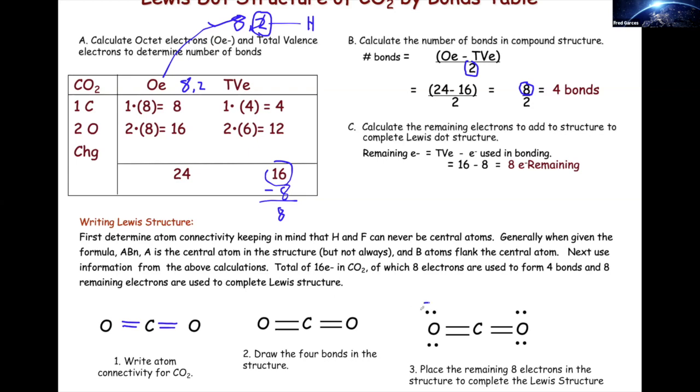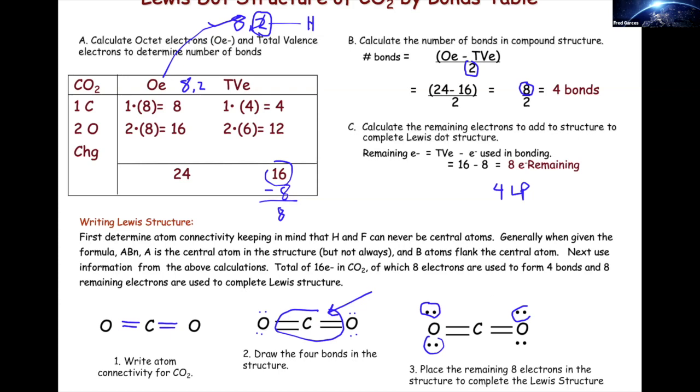And so here they are. What we need to do now is look at the other atoms here that do not satisfy the octet. Carbon satisfies the octet. Oxygen does not. It already has 4. It needs 4 more. So from our 4 lone pairs, we've used 2 on this oxygen and then 2 on this oxygen.